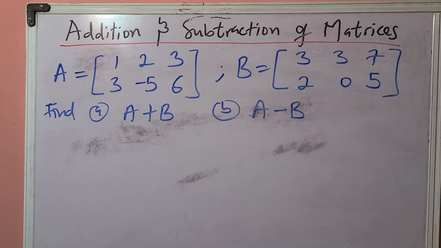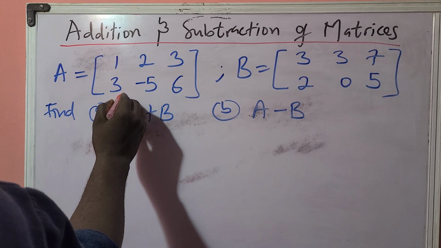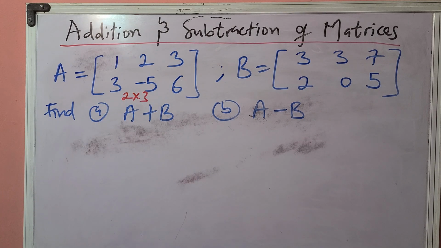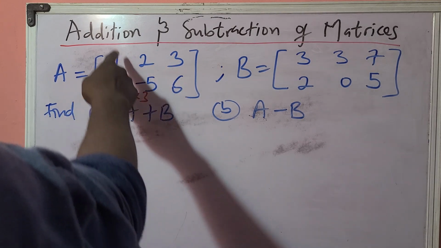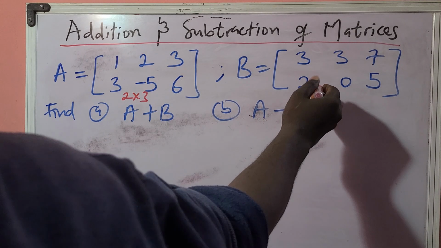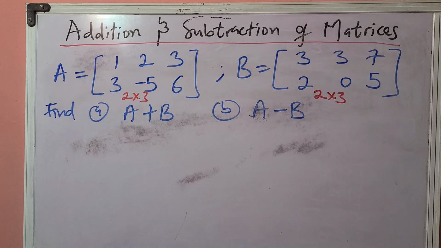Matrix A is a 2 by 3 matrix. That means you have 2 rows and 3 columns, while matrix B is also a 2 by 3 matrix. So this gives us the possibility of adding these two matrices together.